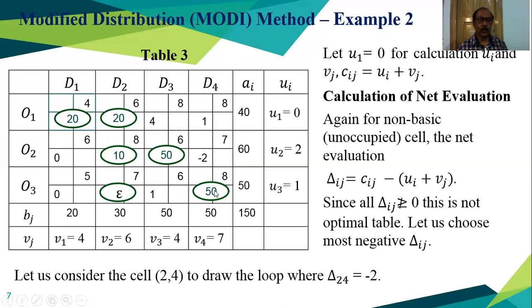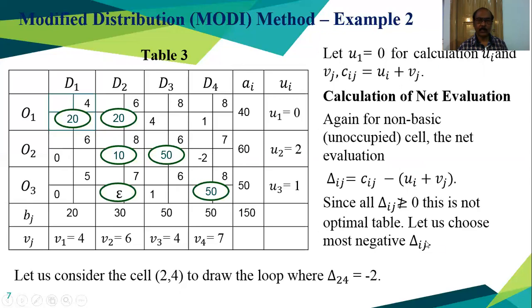So these two will be the minus theta cells and these two are the plus theta cells. This will be on the line, this will be unaffected. We are not considering this for any situation. So this is 2, 4, so delta 2,4 is minus 2. So we start the loop from here.